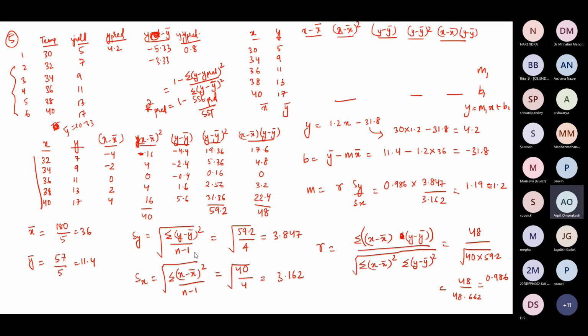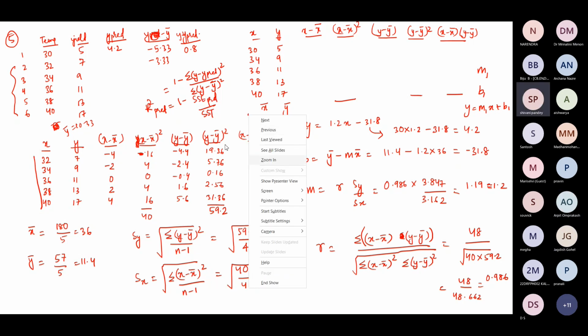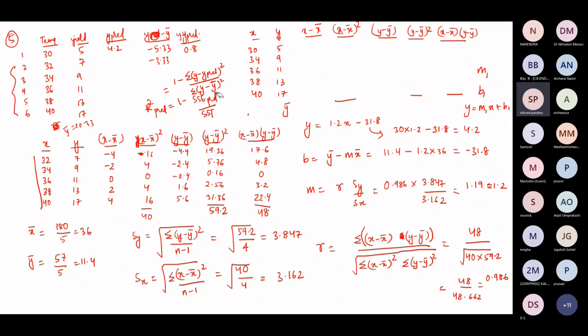Can you see the screen? Yeah, the screen is visible. Sorry? The screen is still stuck at the point when you calculated minus y bar, that is minus 5.33. We can only hear you, we can't see the screen clearly. Can you refresh this? Yeah, just a second.